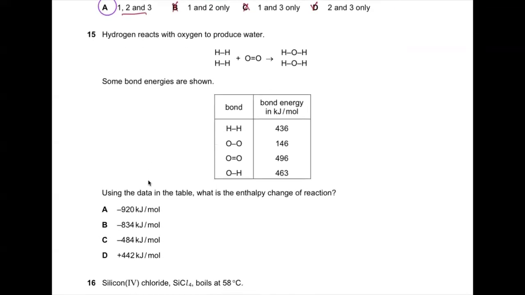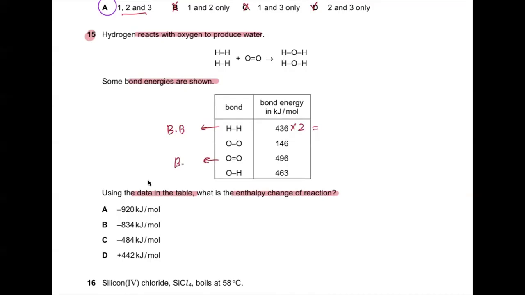Now, MCQ number 15. Hydrogen reacts with oxygen to produce water. Some bond energies are given in the table. Using the data in the table, what is the enthalpy change of the reaction? Okay, so this is bond breaking, and we have to do it times 2, right? This is 872.